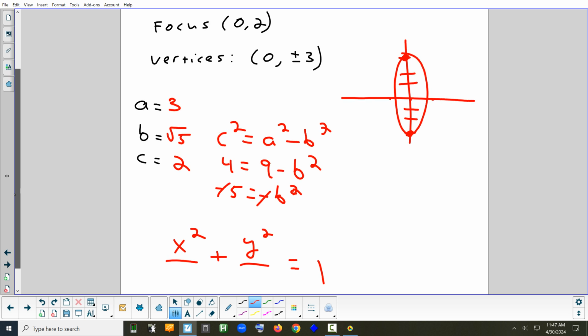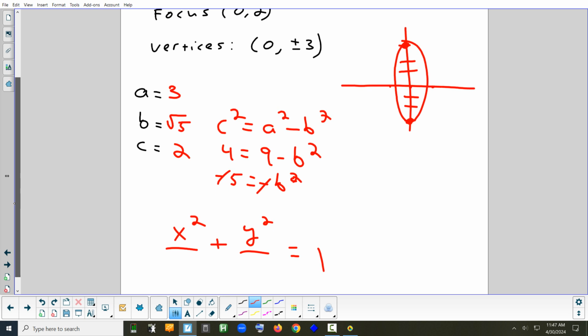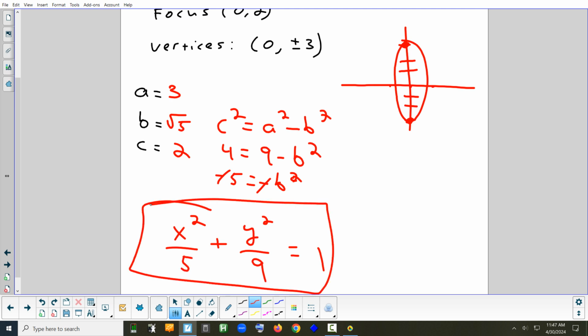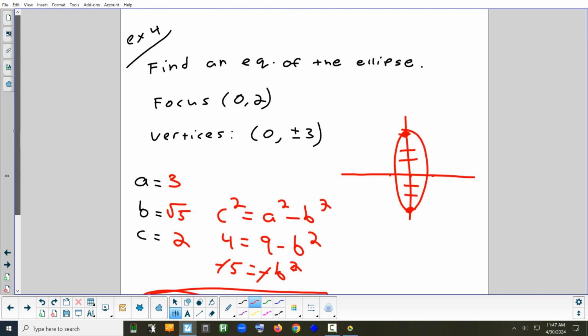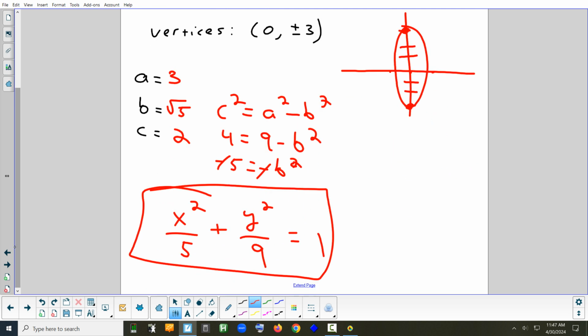Under x or under y? Yeah, it's going to go under y. And what's the number that you would put under y? 9. It's a squared. And what goes under x squared? 5. There you go. And that's the equation of the ellipse.